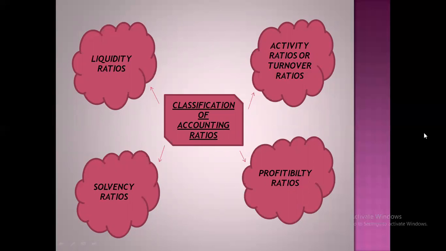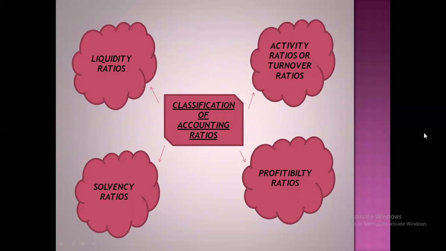Solvency ratio. These ratios include debt equity ratio, total asset to debt ratio, proprietary ratio, and interest coverage ratio. These ratios help the enterprise check whether it would be able to meet its long-term liabilities or not.